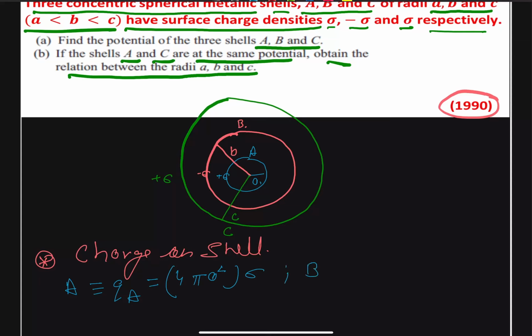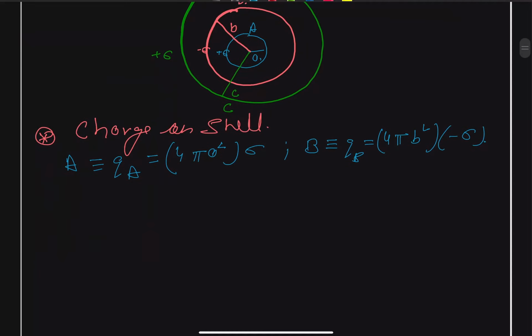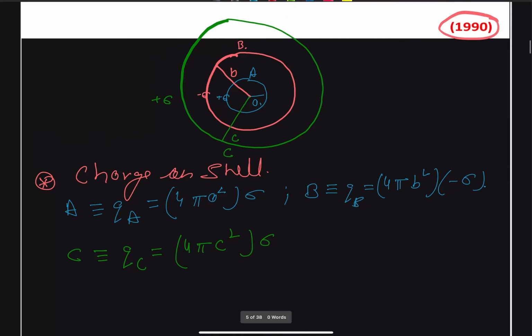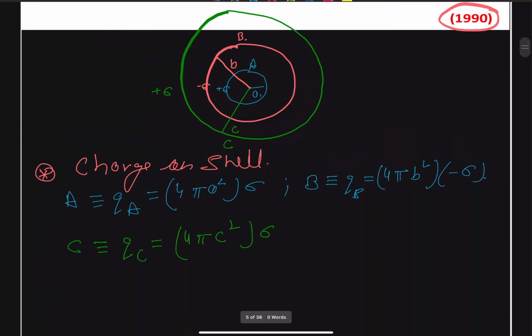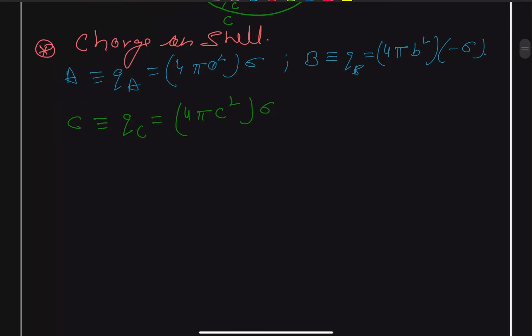Then we can find for B, let us call that QB, and that will be equal to 4 pi b square multiplied by minus sigma. And then we can write for C also. C, let us call that QC, will be equal to 4 pi c square multiplied by sigma. And we are supposed to find out the potential of the three shells. It means potential of A, potential of B as well as potential of C.